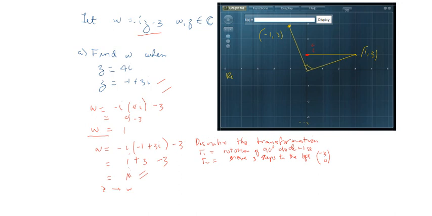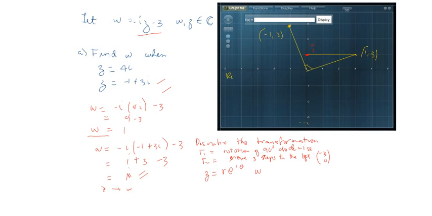Or you can also represent our z as r e to the i theta.